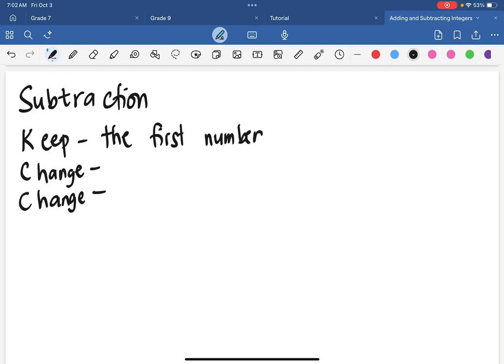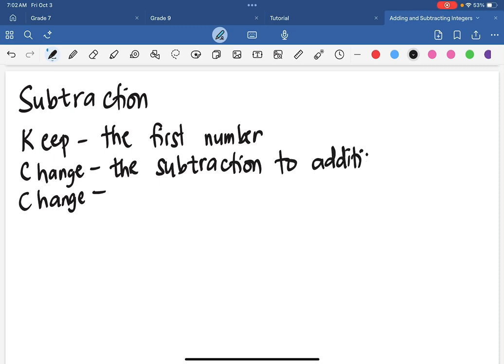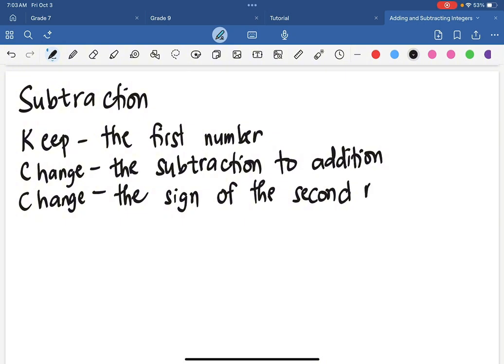Second is change the subtraction to addition, and change the sign of the second number.